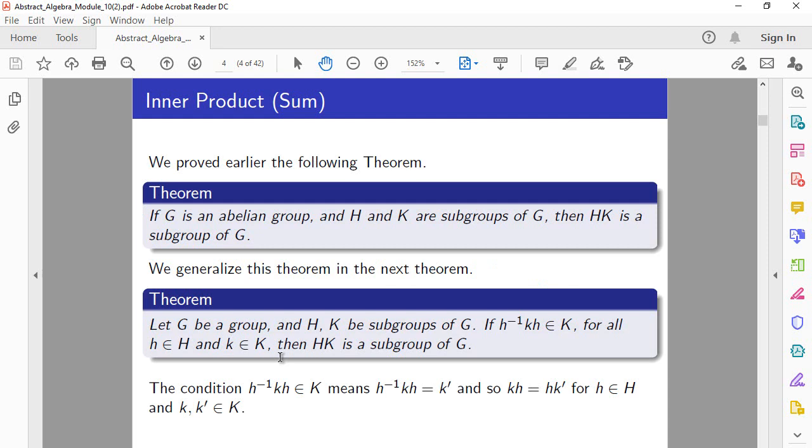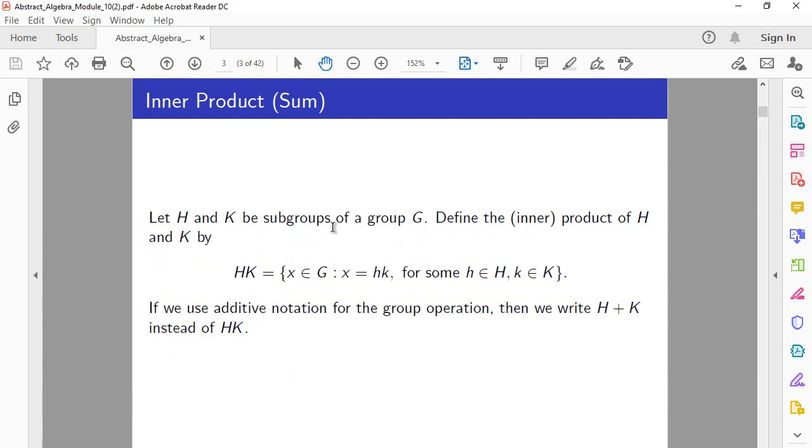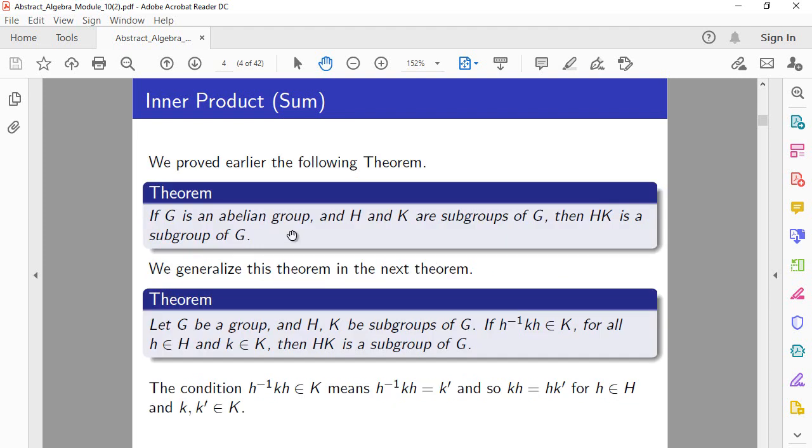We proved earlier the following theorem. If G is an abelian group and H and K are subgroups of G, then HK is a subgroup of G. So this theorem is addressing under what condition is HK a subgroup of G. Well, the first theorem tells us that the inner product of H and K is a subgroup of G if G is an abelian group.